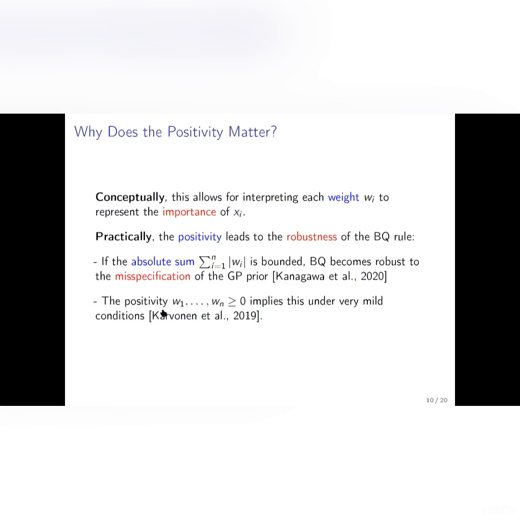Okay, and in this paper by Tony, me and Shimo, we also summarized that it's really easy to show this: under very mild conditions, the positivity of weights implies this. So this means this, okay?